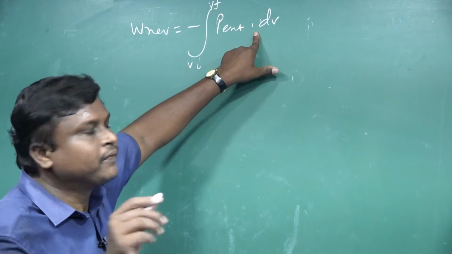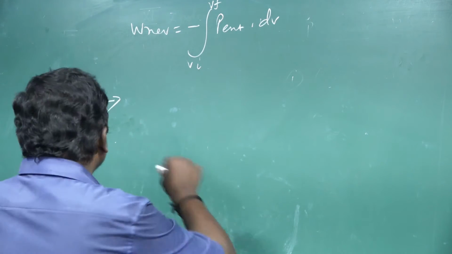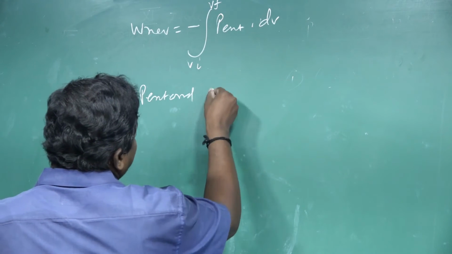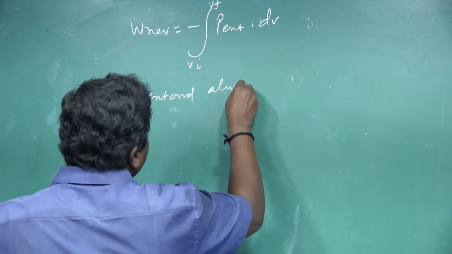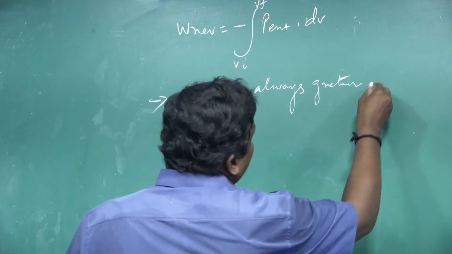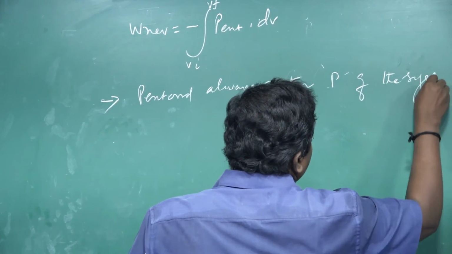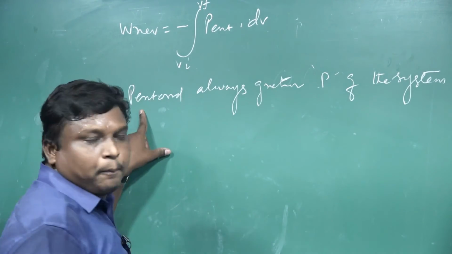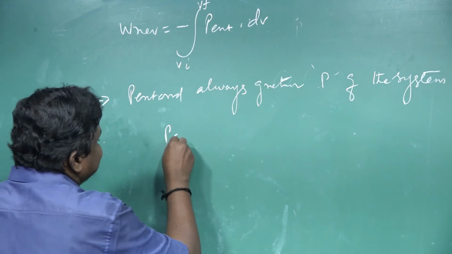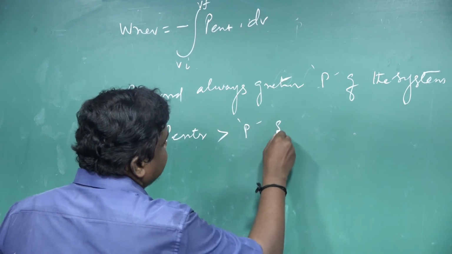Suppose, point number 1, in a compression of the gas, the external pressure is always greater than the pressure of the system. When the external pressure is greater, the process becomes compression.